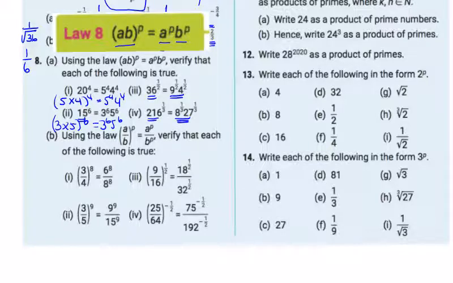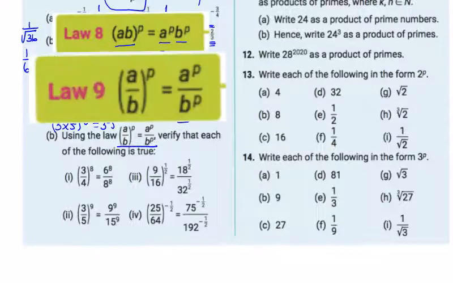Now, another rule here. So we have a quotient or a division. And this brings in law 9 here. So verify each is true.